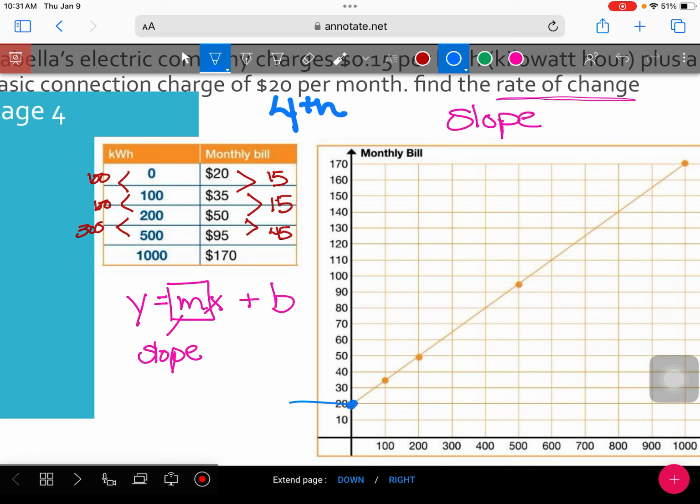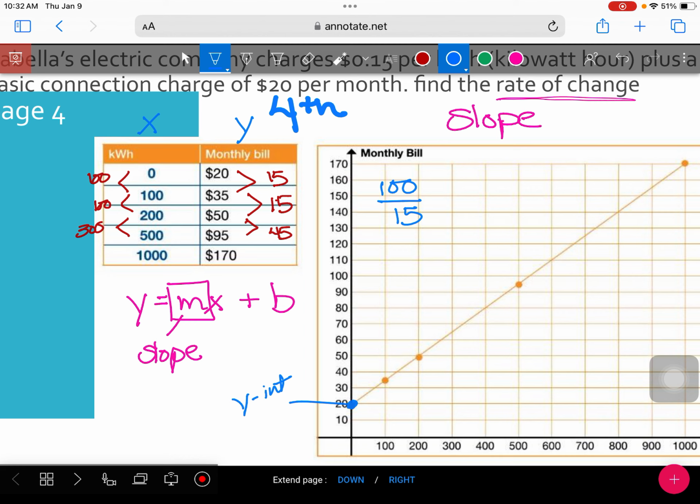The y-intercept. So does that mean my y-intercept is 0 or is my y-intercept 20? 20. So that must mean the monthly bill is the y, the kilowatts are the x. Okay. So is it 15 over 100 or is it 100 over 15? 100 over 15.